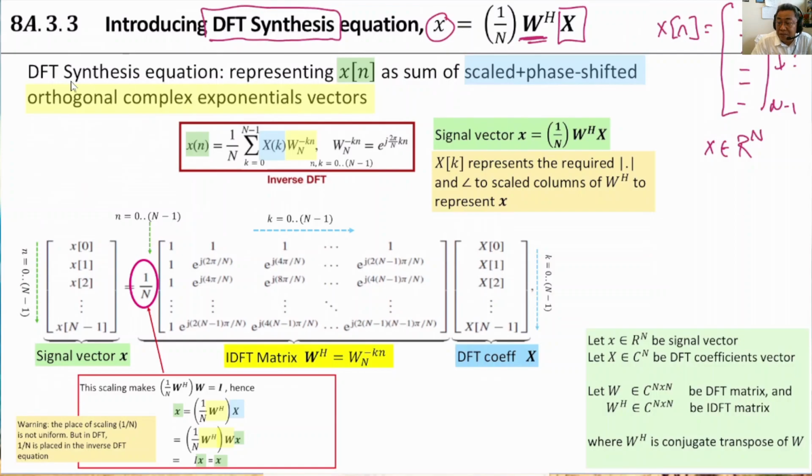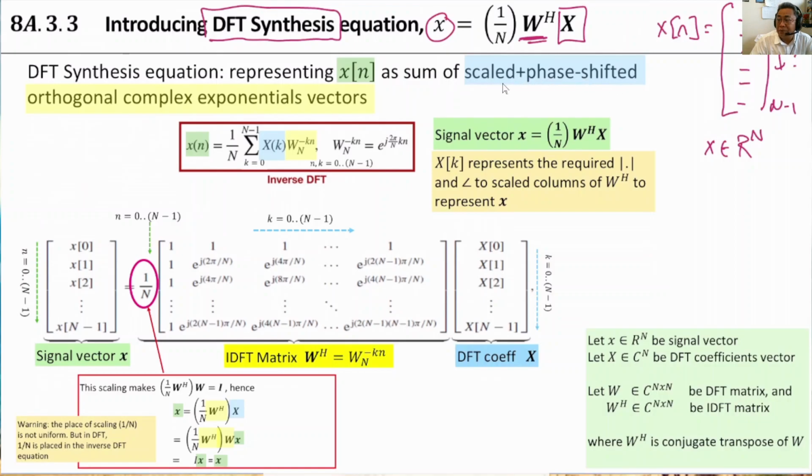Basically, DFT synthesis means to construct, represent the signal of interest in time as a sum of scaled phase-shifted orthogonal complex exponential vectors. So I color-coded it. The green represents the sequence in time.